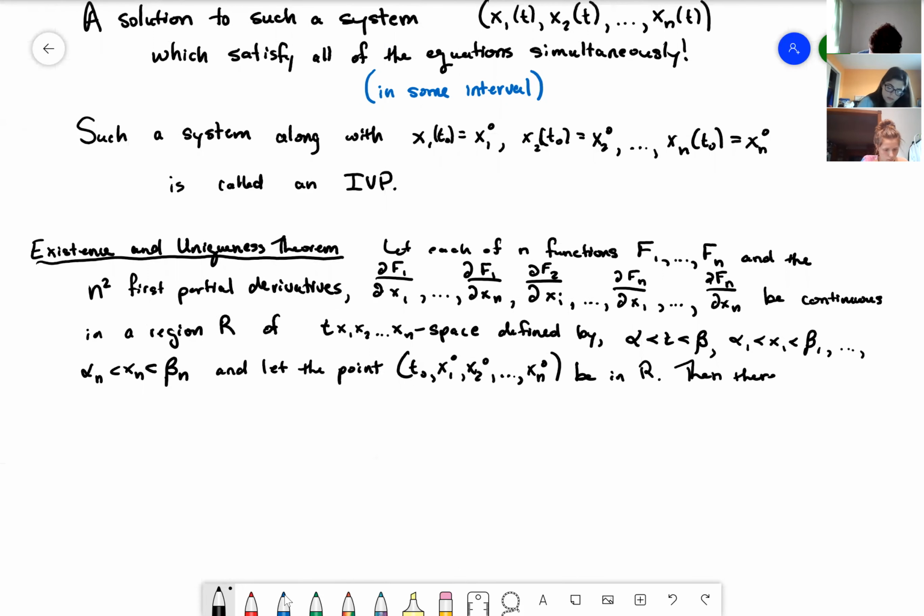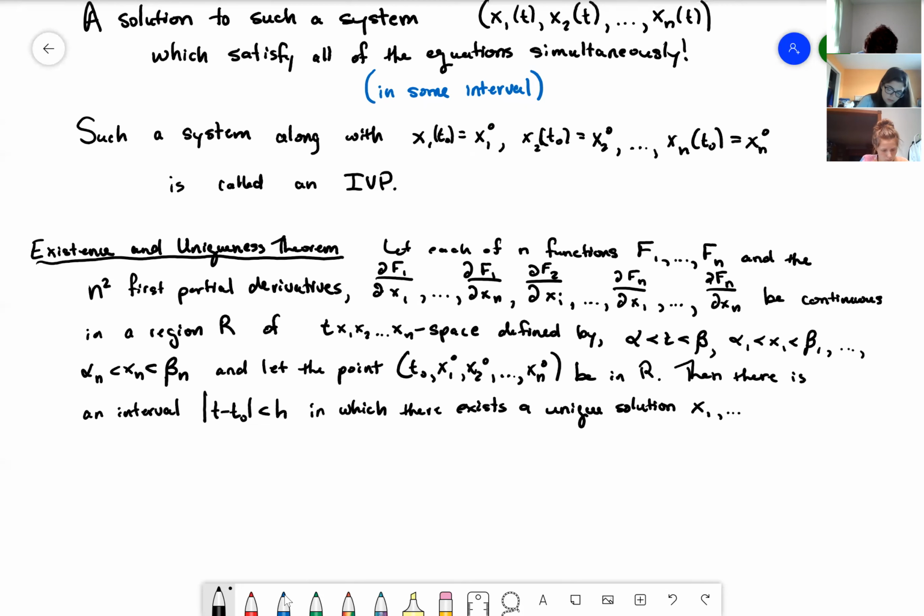Then there is an interval, the absolute value of t minus t0 less than h. So some region before t0 and some region after t0. So at least for this some region in which there exists a unique solution.